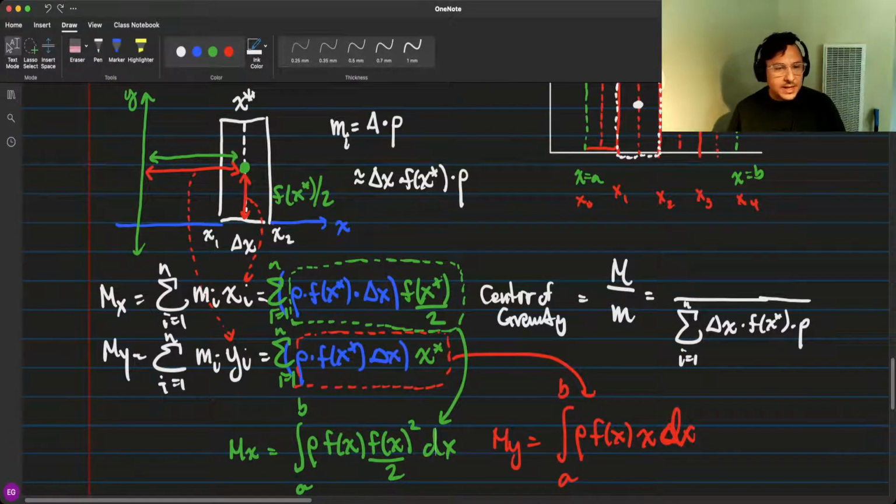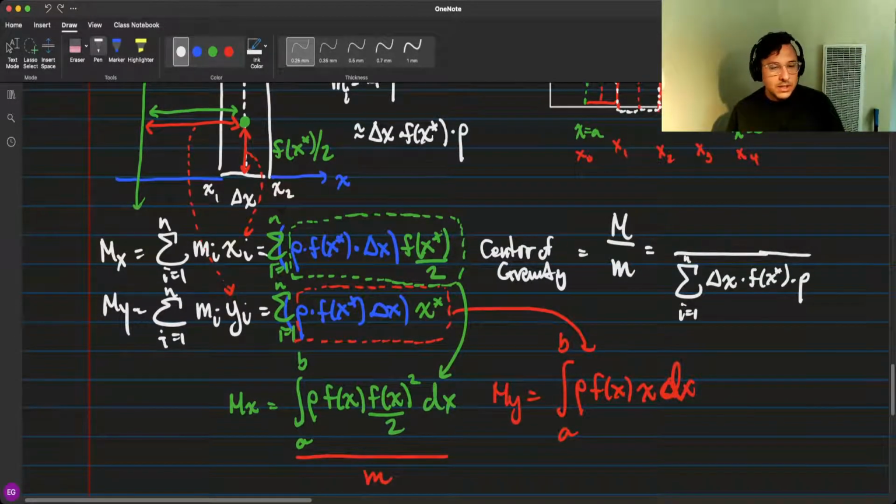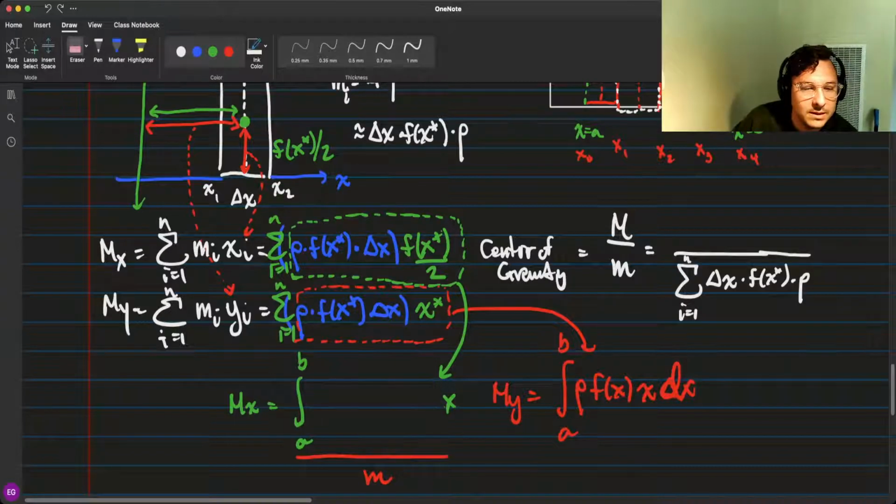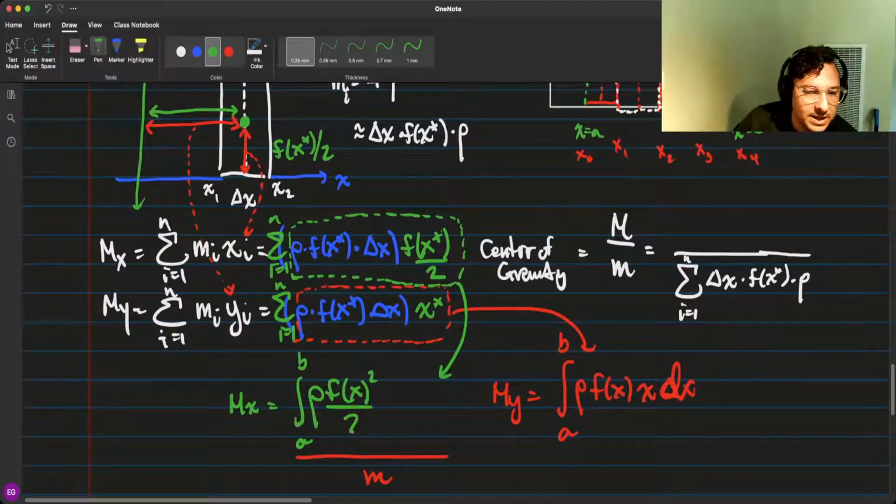There's a 3 f of x in my... no. It should be rho... Oh, I see it. My bad. Okay, I see where I made a mistake here. This part, right? So what do you get in there? You get a rho, an f of x quantity squared, and then it's divided by 2 dx.